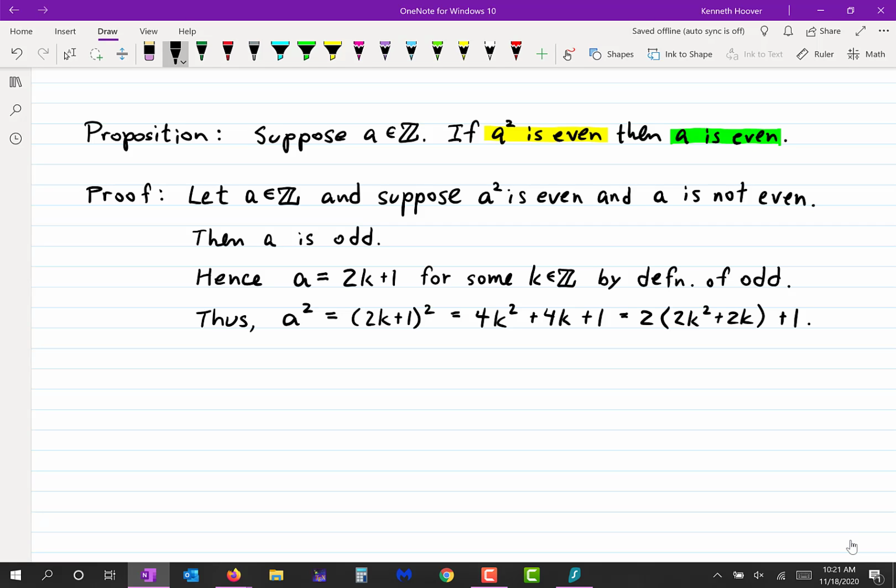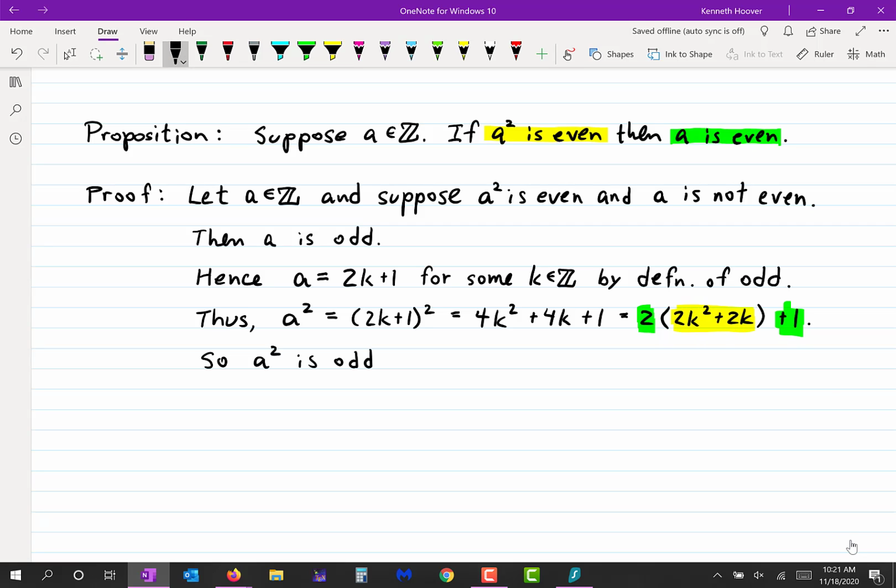So what kind of a number is A squared? It would be odd, wouldn't it? Because what? Is it just because of that plus 1 and this 2? Well, it's also because this number is an integer, right?